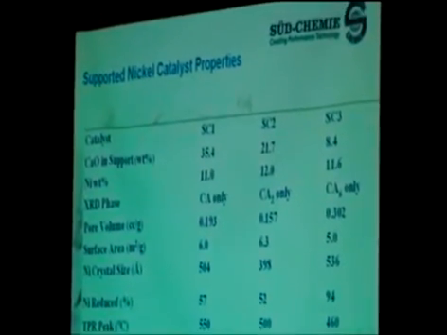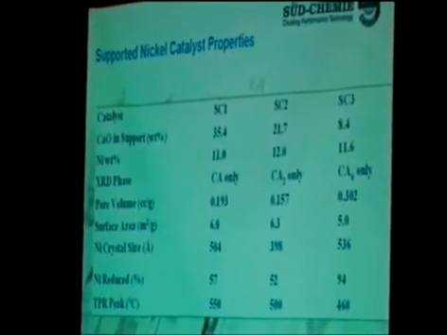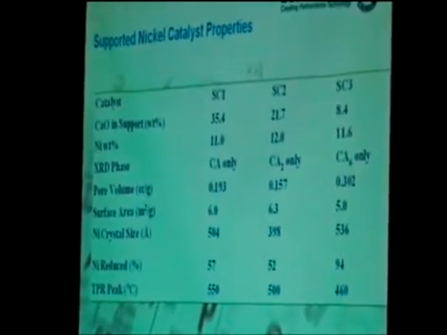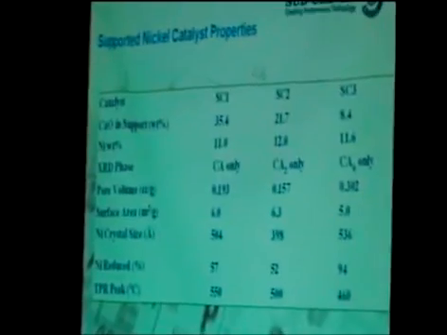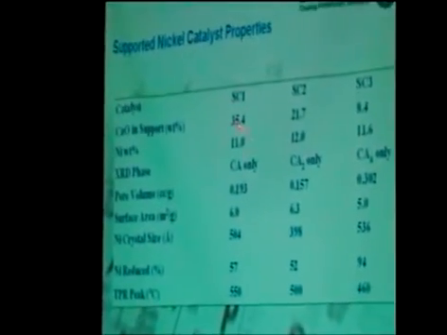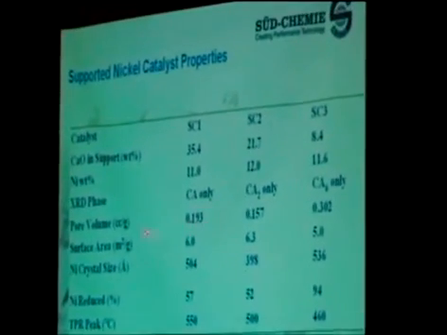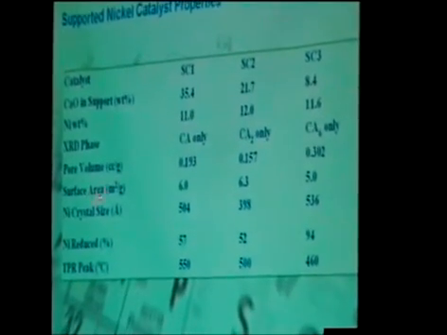And when we made these carriers, we said, okay, let's make some catalyst. Start with nickel catalyst, since the commercial reforming catalysts are all based on nickel. So we made all those catalysts, and compared the pore volume and the surface area.